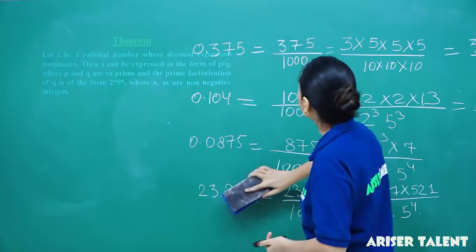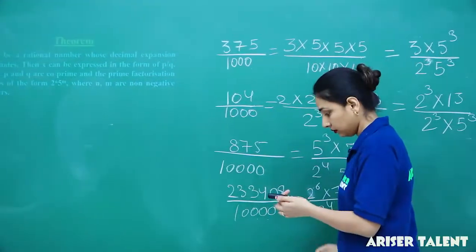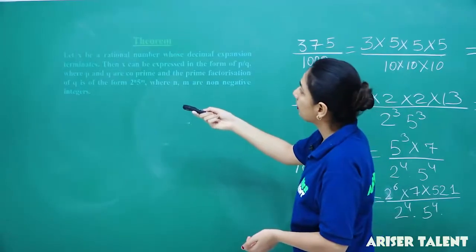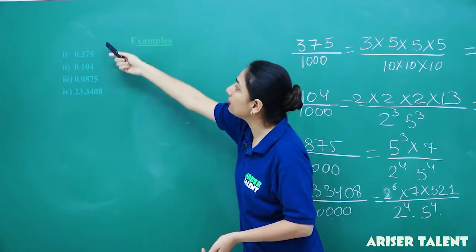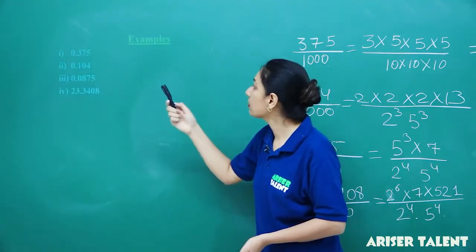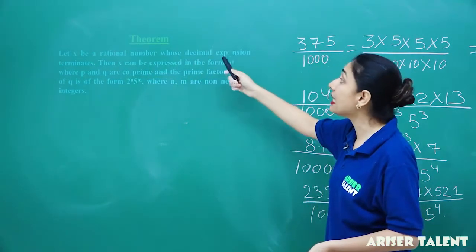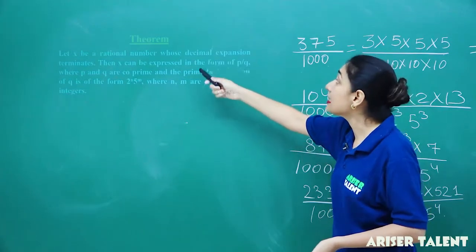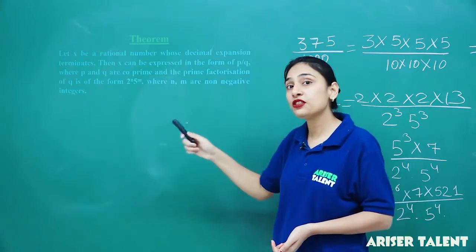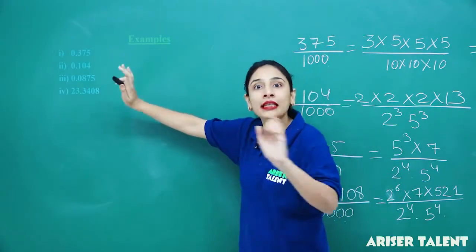I will rub this part only. So, you can see we have taken these numbers, these are all decimal numbers. So, let x be a rational number whose decimal expansion terminates. The decimal expansion of each number here terminates.